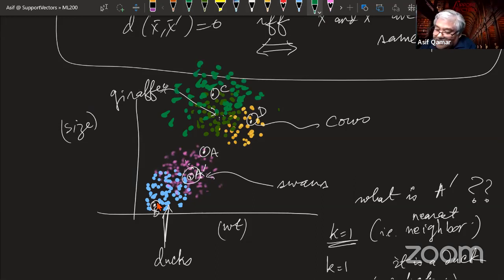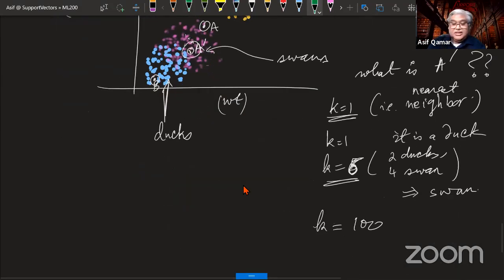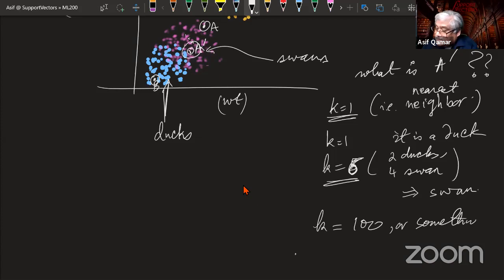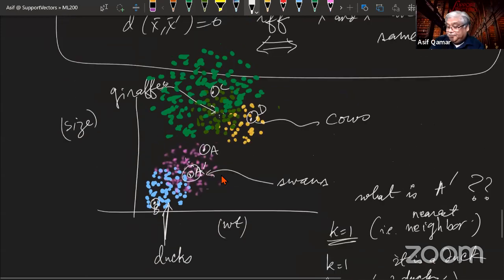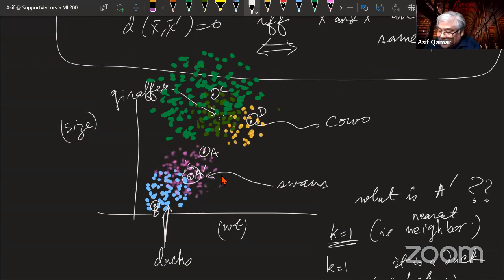Most of the data points in this are giraffes, like this. So then what will happen? If you take the majority, then what is A? You would realize that if K is something large, then what will this look like? Let us say these look like about 20 points.